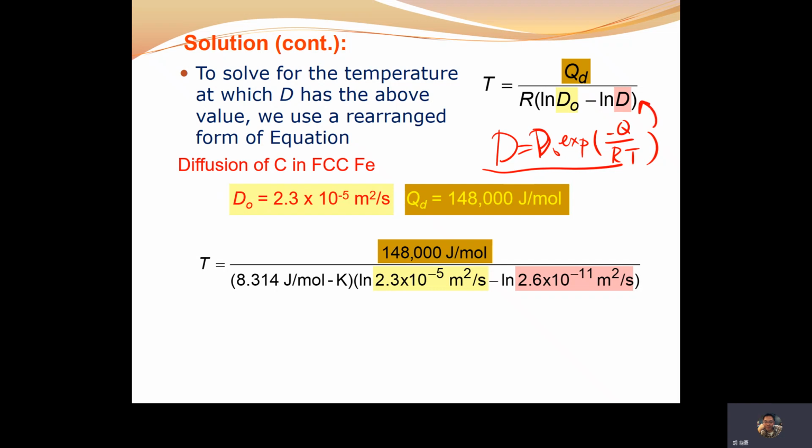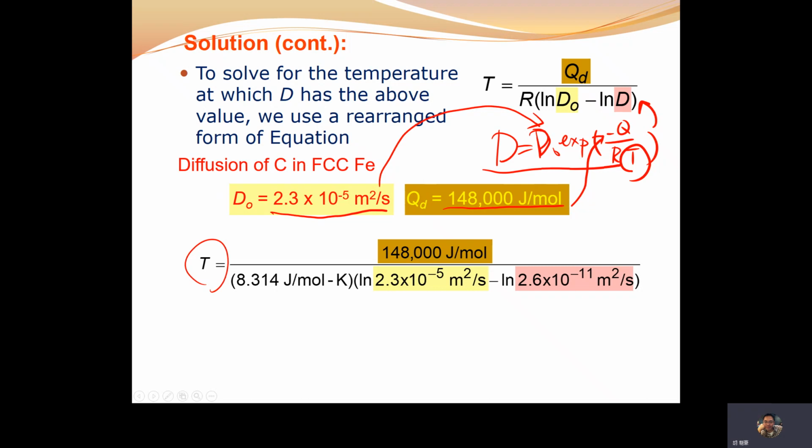D naught, the pre-exponential constant for diffusion of carbon in FCC iron, is about 2.3 times 10 to the minus 5 meters squared per second. The activation energy for this diffusion is 148,000 joules per mole. We plug these numbers in and solve for the temperature T.